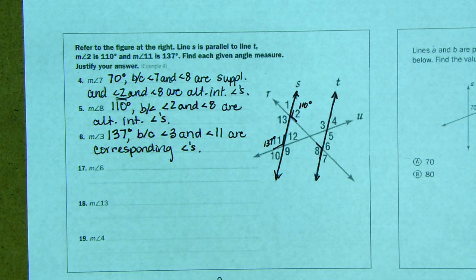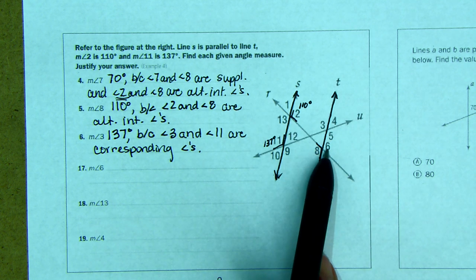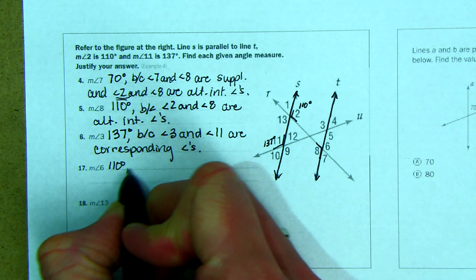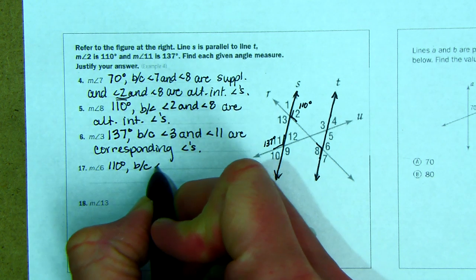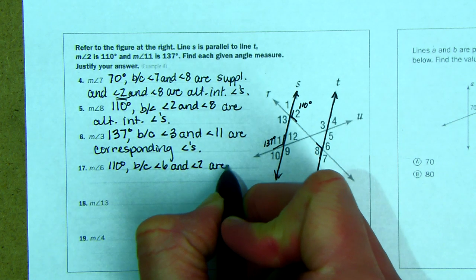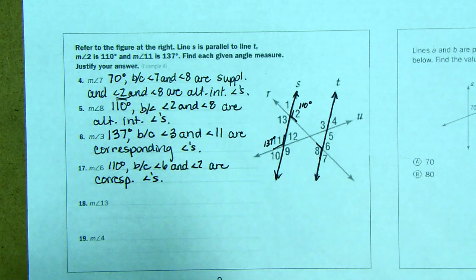All right, can you find angle 6? Angle 6 right here relates to angle 2. It is 110 degrees because angle 6 and angle 2 are corresponding angles. How about angle 13?